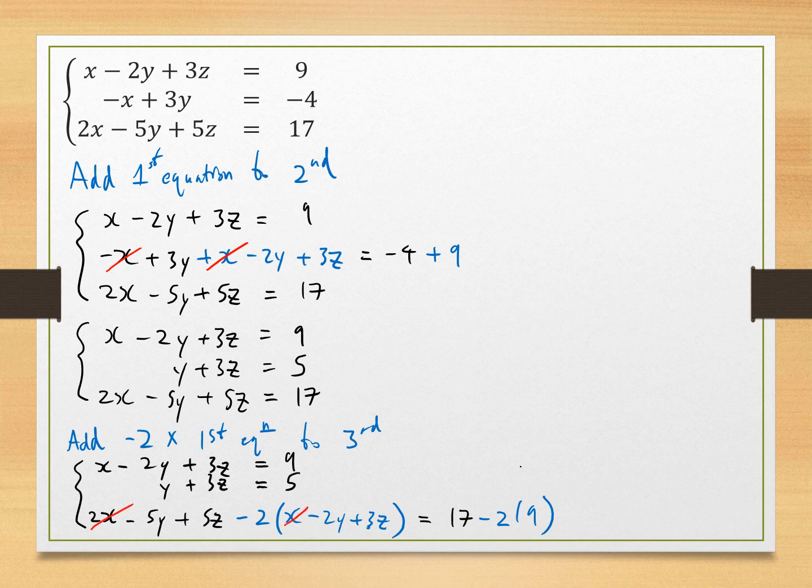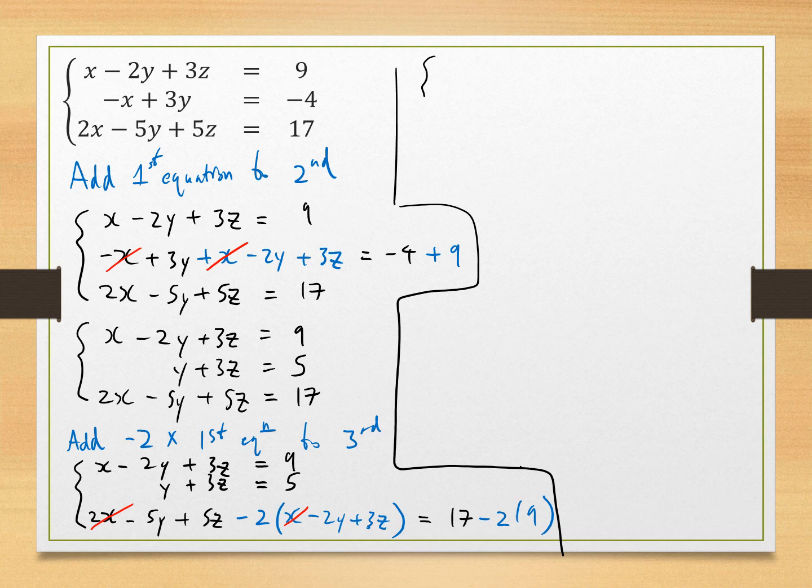That's the main reason why we do this. And after this step, what you have is x minus 2y plus 3z equals 9, y plus 3z equals 5, and negative y minus z equals -1.